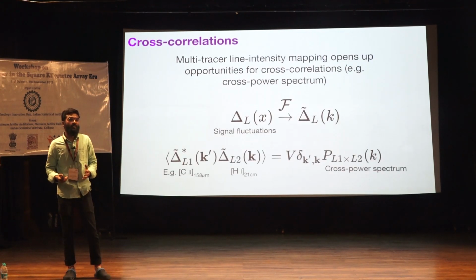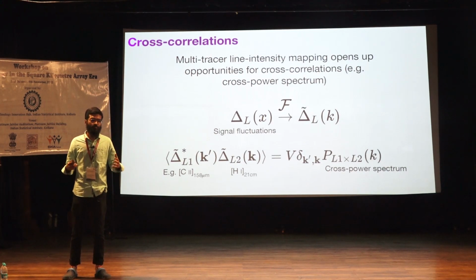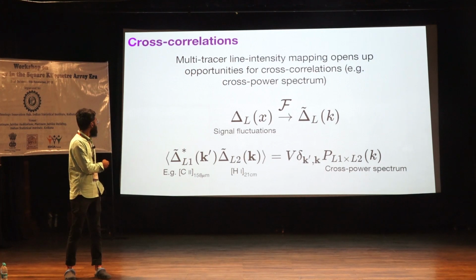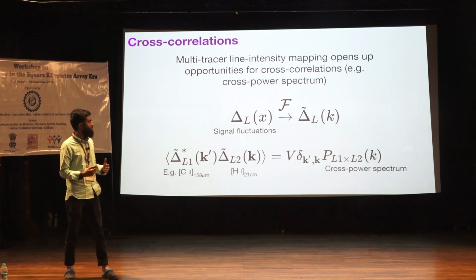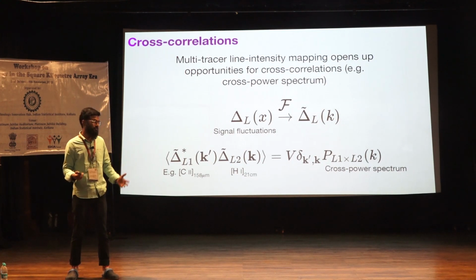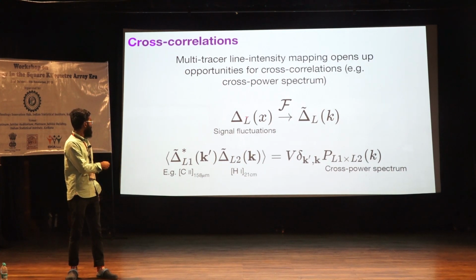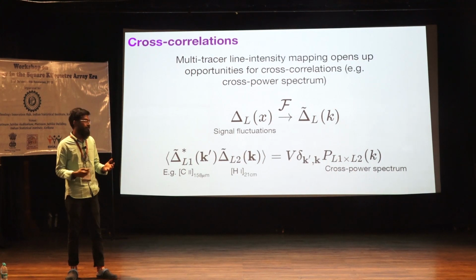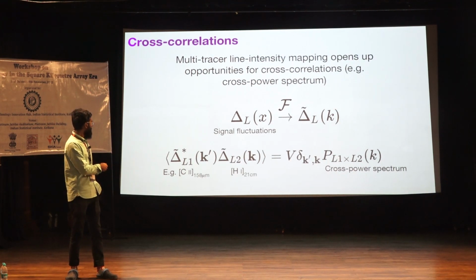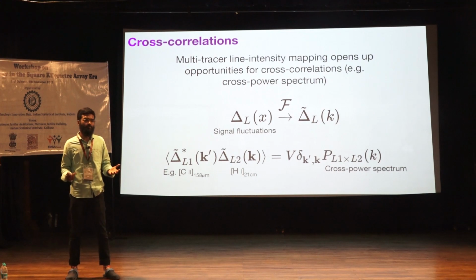So the idea here is that since we are interested in probing the EoR using multiple lines, this brings us to the interesting opportunity that multi-tracer line intensity mapping opens up the opportunity for doing cross correlations. For example, we can take the signal fluctuations in the real domain, and we can take a Fourier transform. So we can do this for all of the lines.